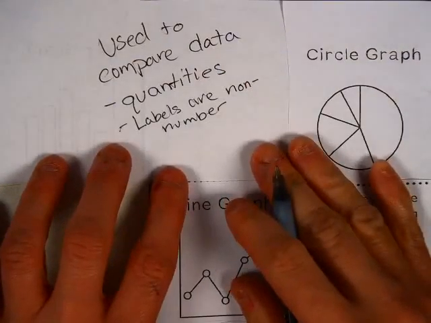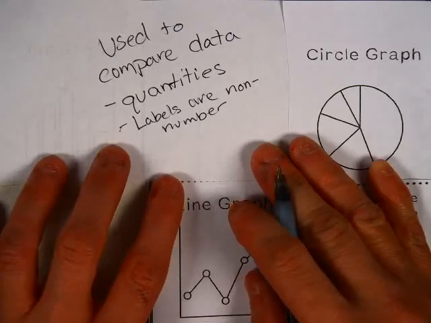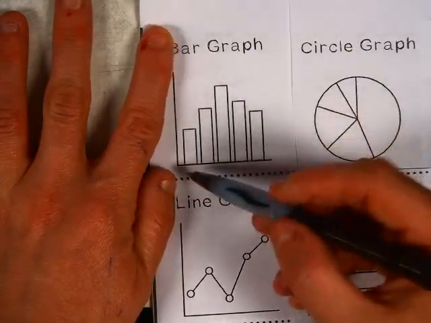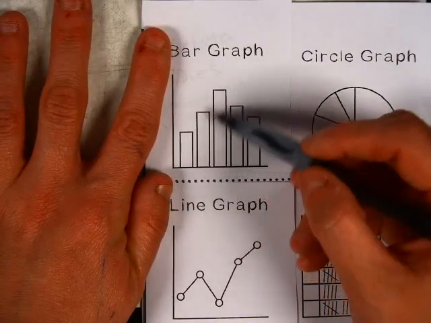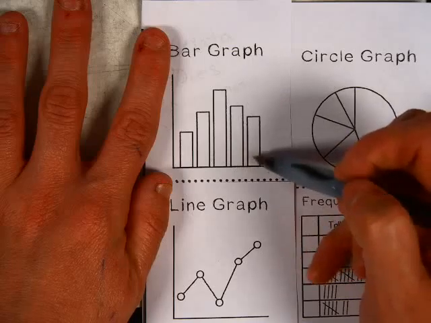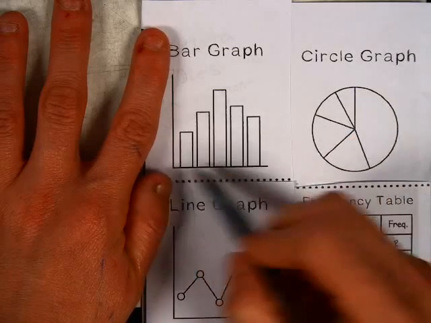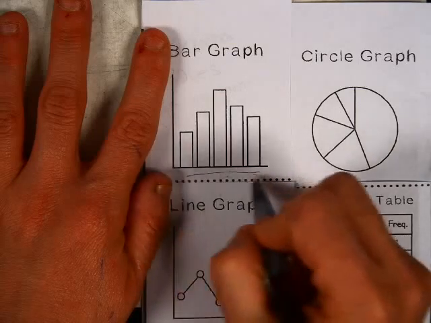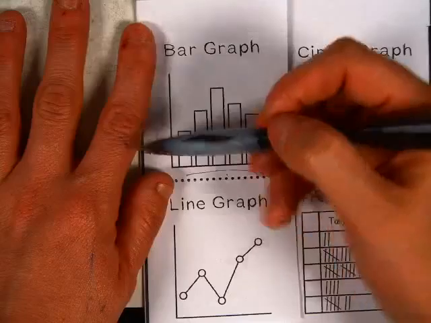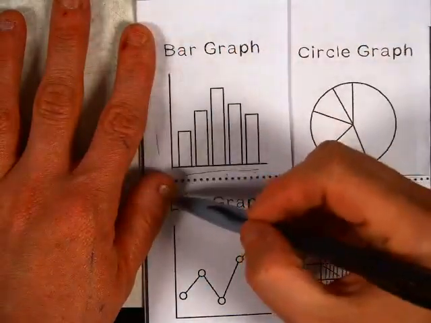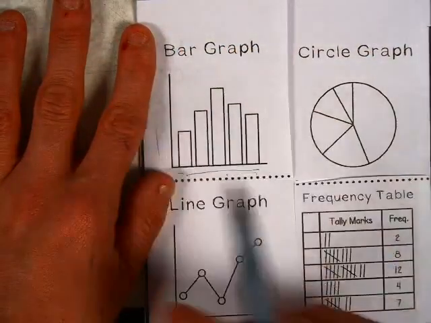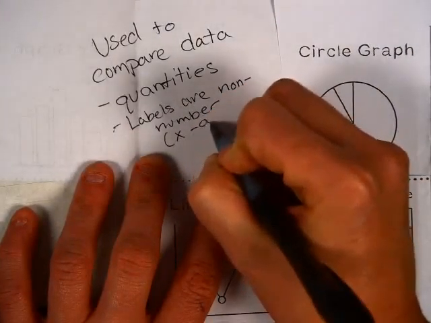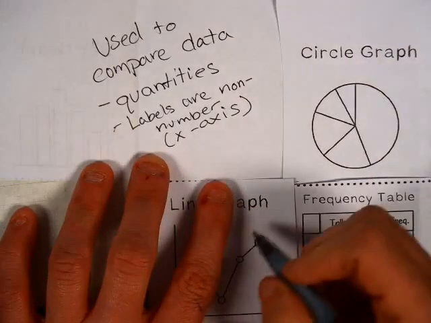Like, I would do a bar graph for what kind of pets people have in this classroom. Some could say mice and birds and dogs and cats and guinea pigs. All of those things that we labeled are non-numbers. So these tend to have non-number labels. The numbers show how much to compare, but the bottom, the X-axis, tends to be non-number.